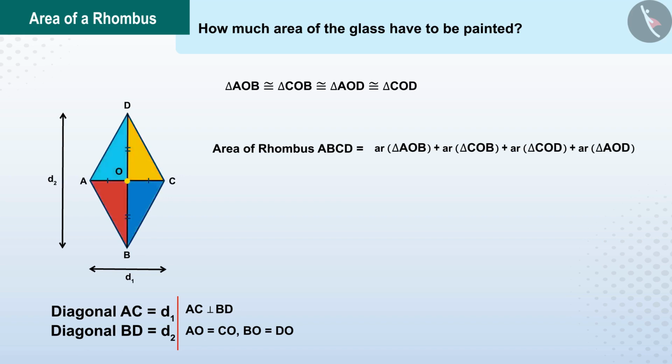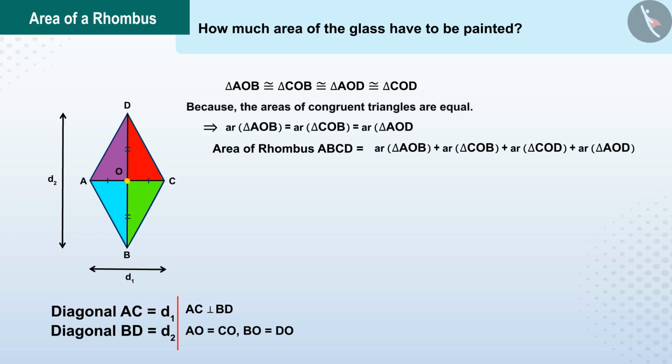Since these four triangles are congruent, their areas will be equal.